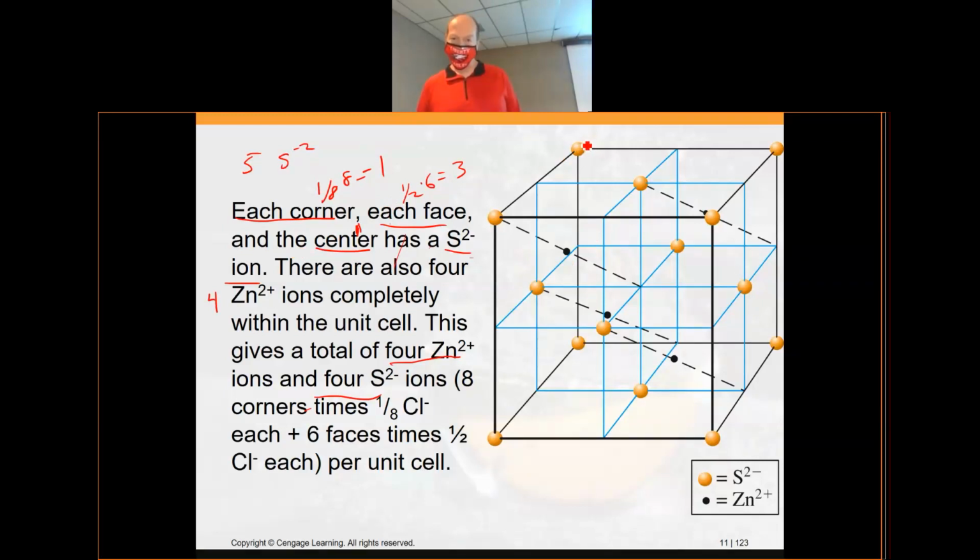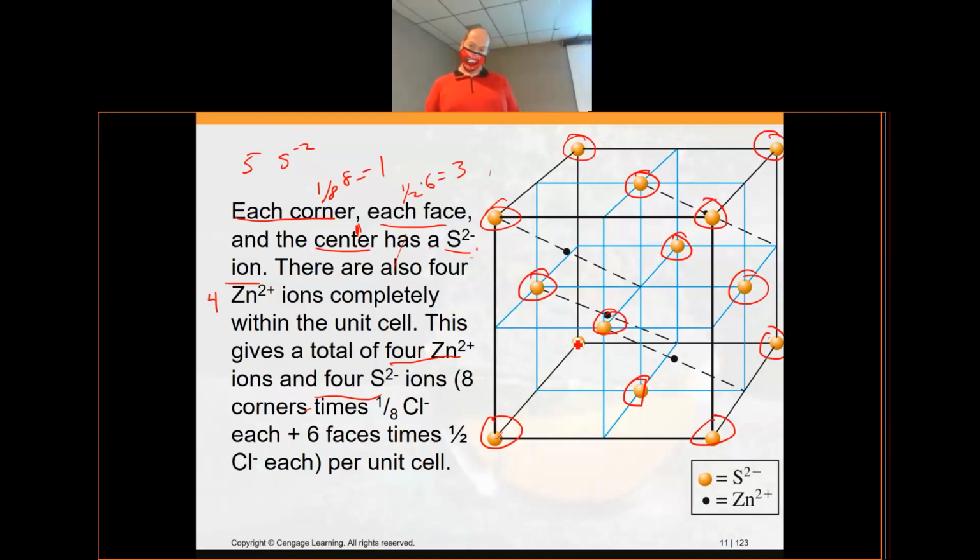They have the corners. All right, so there are the 8 corners. And then the faces. There are 6 of them. 1, 2, 3, 4, 5, and 6.